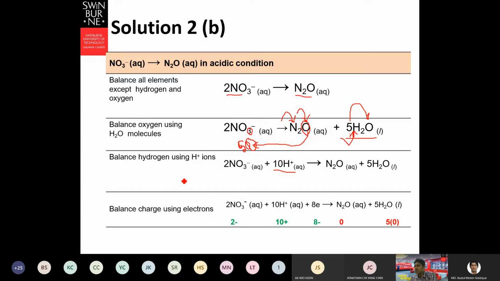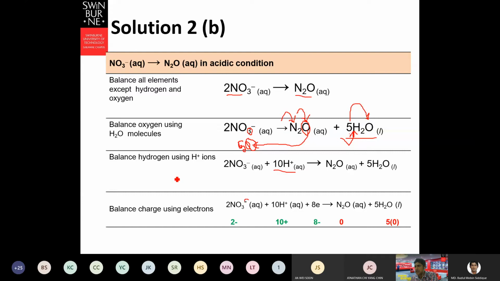Total number of electrons. So for this case, there was one negative charge on top of the nitrate ion, right? So 2 of the nitrate ions, each of them is carrying 1. So that means 2 electrons are involved.